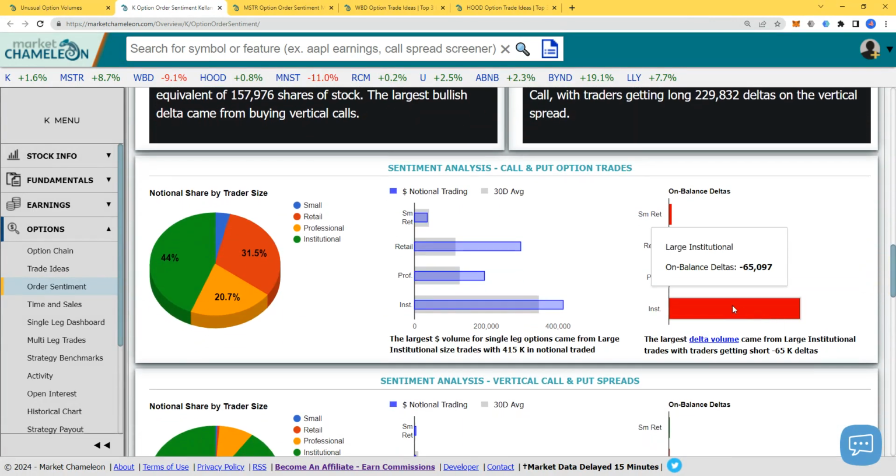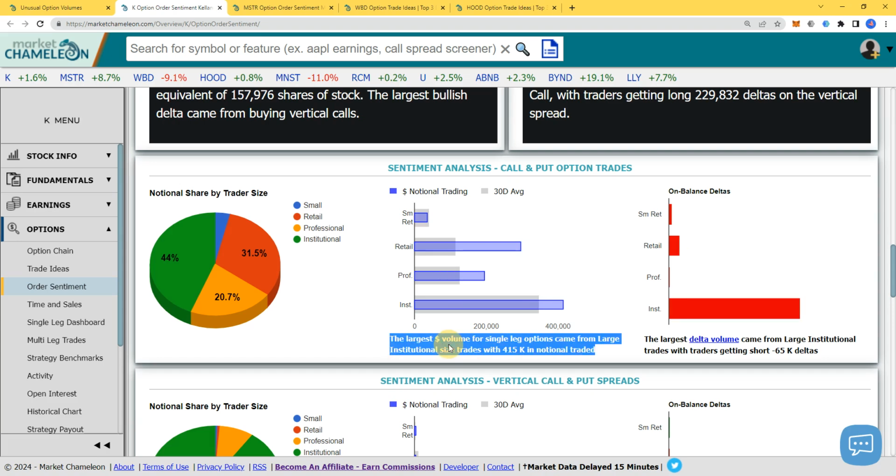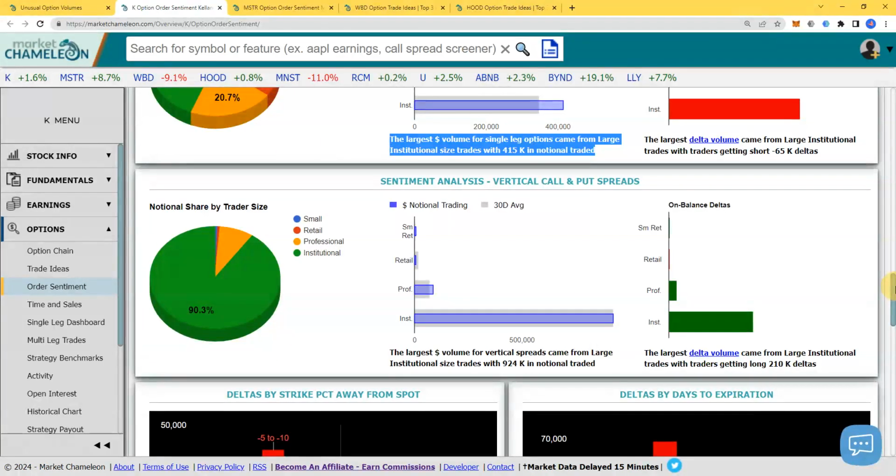Let's see what we got in here. Institution, large delta came from large institution traders getting short. Okay, interesting. Largest volume by single leg options came from large institution, 400,000. I don't know what they're doing, but this is an interesting trade. On balance delta, here we go.